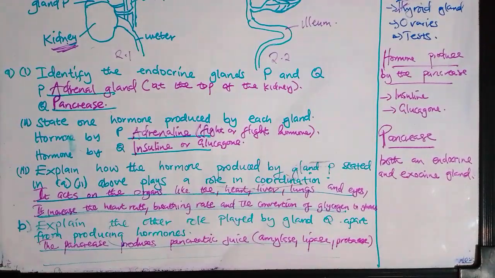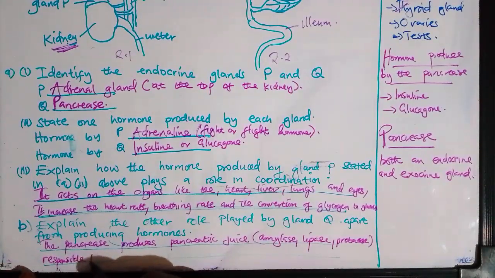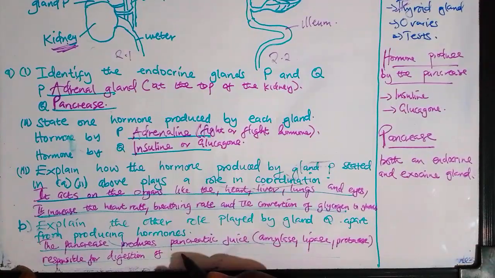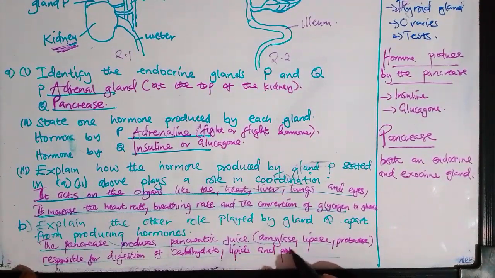So what are these enzymes? These 3 enzymes are responsible for the digestion of carbohydrates, lipids, and proteins in the duodenum.